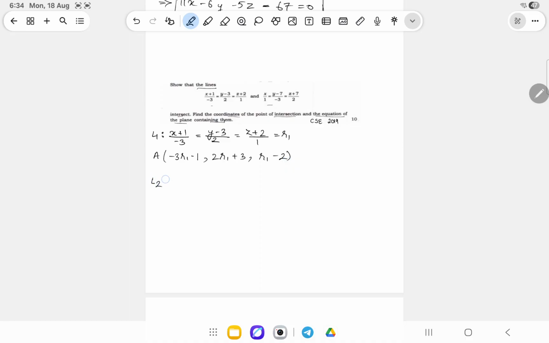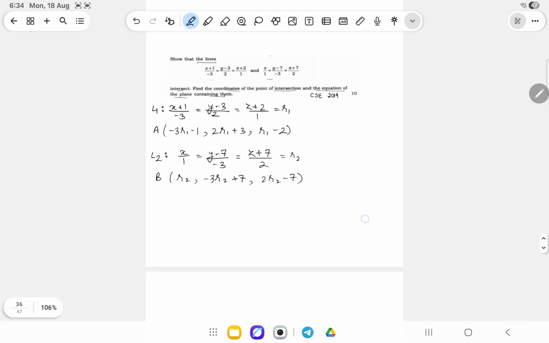The equation of line L2 is x/1 equals (y minus 7)/minus 3 equals (z plus 7)/2. Let us equate with r2. So any arbitrary point on line L2, let us name it B, will be r2, minus 3r2 plus 7, 2r2 minus 7.